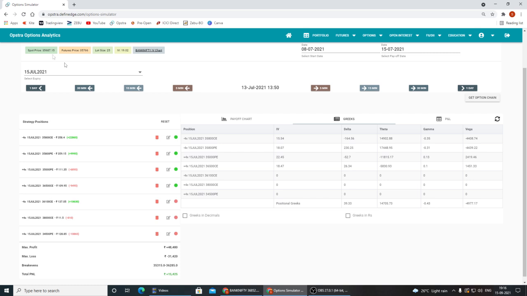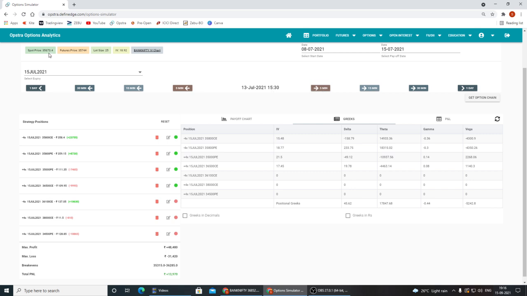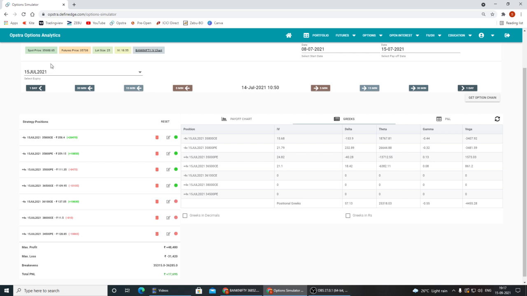35,680, 15,000 profit. 35,700, same place. We came to the end of the day. 35,673. Here on 14th July, 13,000 profit. Bank Nifty at 35,530, 35,470. 35,680.